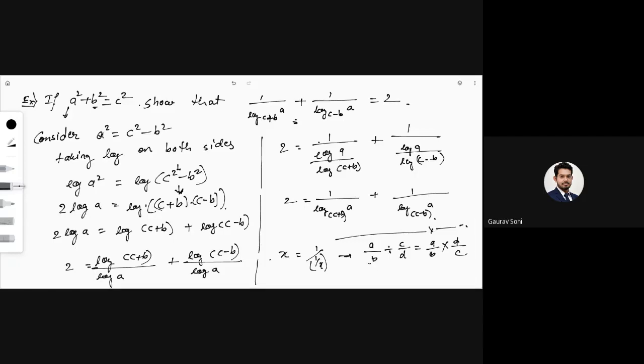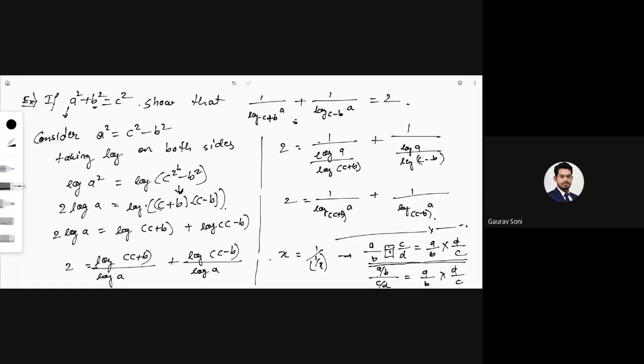This is a ninth standard property, which is of course hard to relate with this because there is a division on the left, which means that how I am writing this a by b upon c by d. So this is nothing but a by b into d by c.